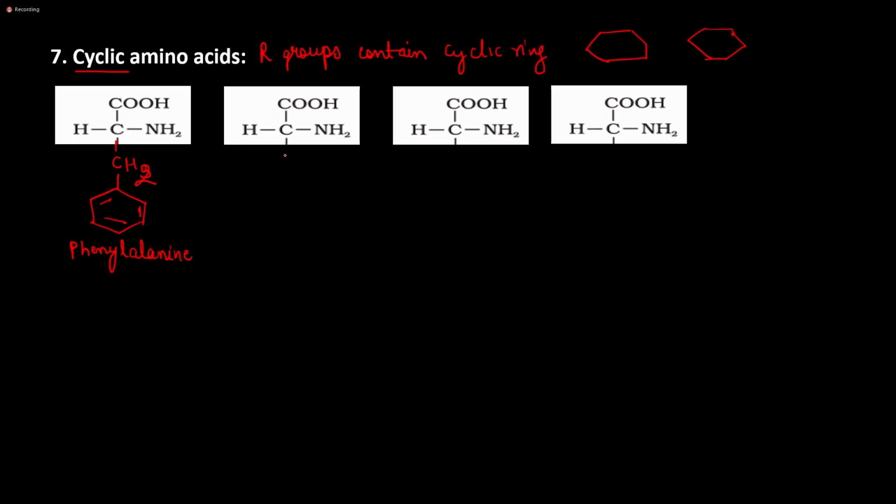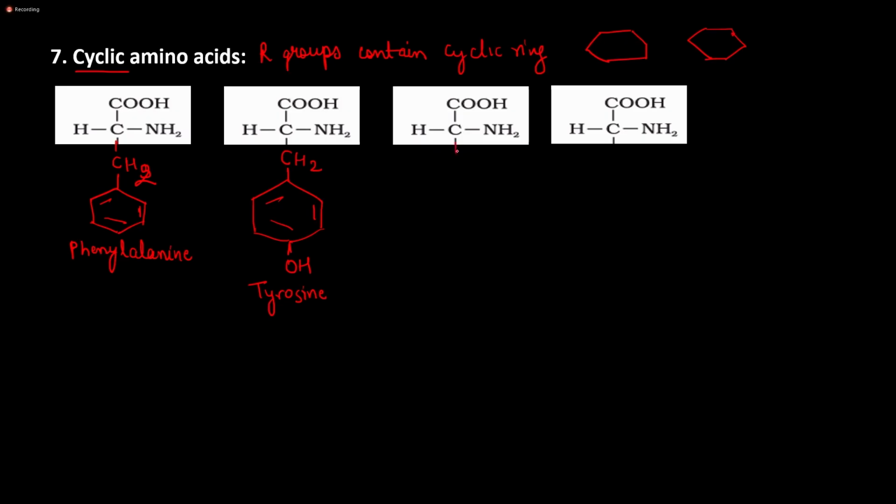Now the second is tyrosine. We just saw the structure of tyrosine: draw the structure of phenylalanine, and because tyrosine is a hydroxyl containing amino acid, add OH here. So it becomes tyrosine. Now we have phenylalanine and tyrosine. The next amino acid is tryptophan.